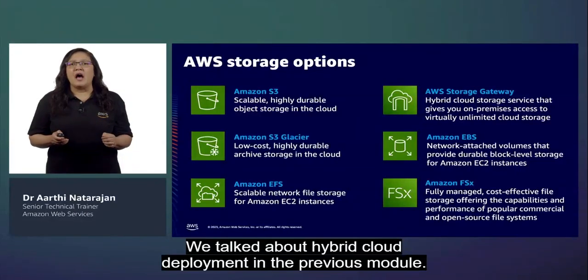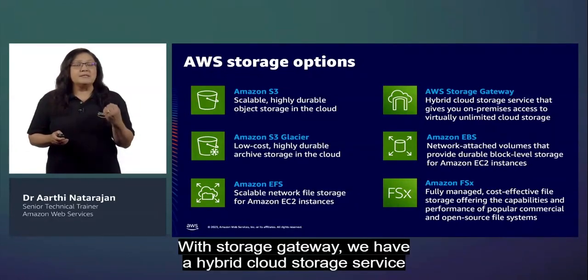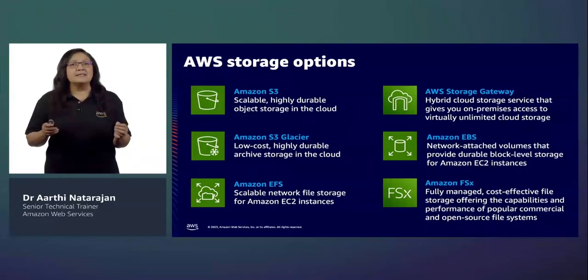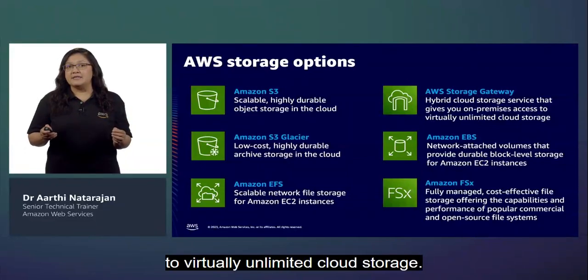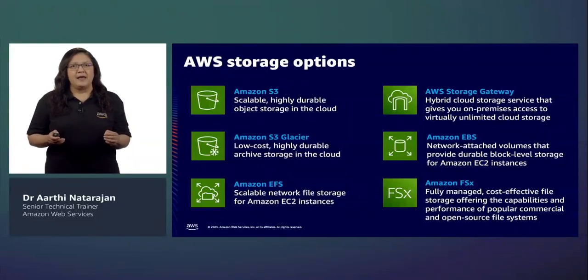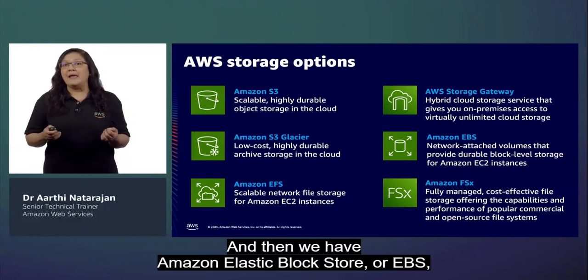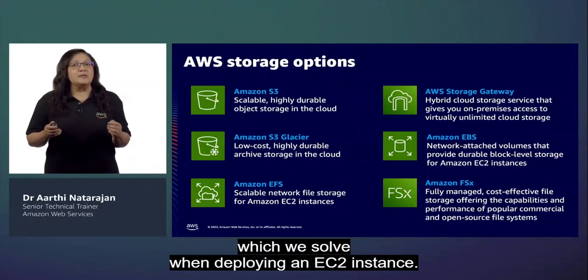We talked about hybrid cloud deployment in the previous module. With Storage Gateway, we have a hybrid cloud storage service that gives your on-premise environment access to virtually unlimited cloud storage. And then we have Amazon Elastic Block Store, or EBS, which we saw when deploying an EC2 instance.